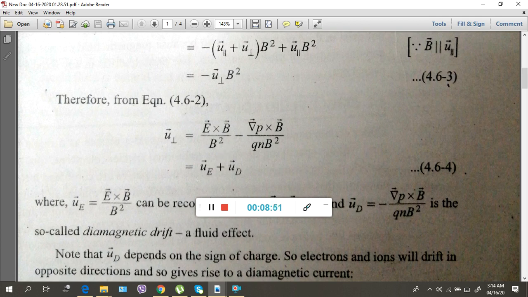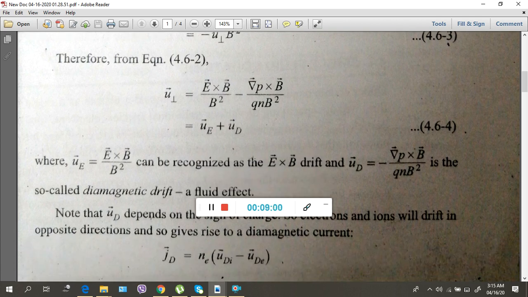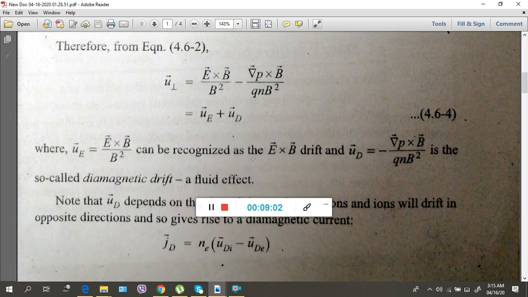So here we can write UE, and that delta P cross B over QnB square is the so-called diamagnetic drift, a fluid effect. That is due to the fluid effect when the plasma is taken as fluid.